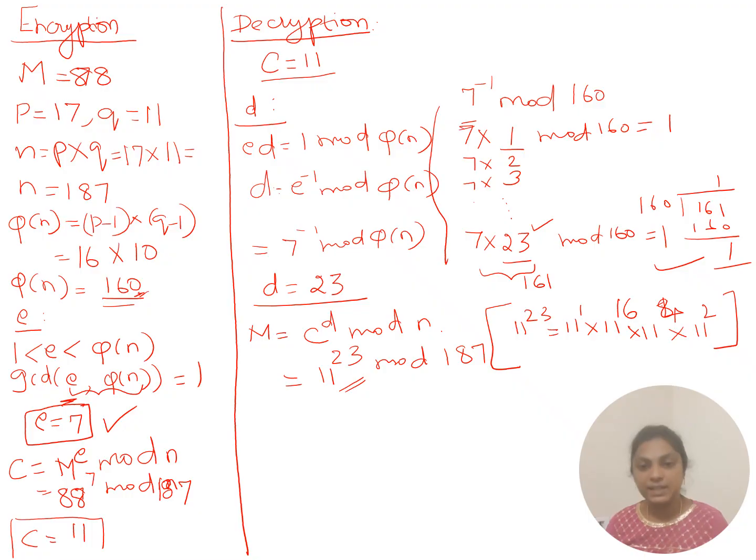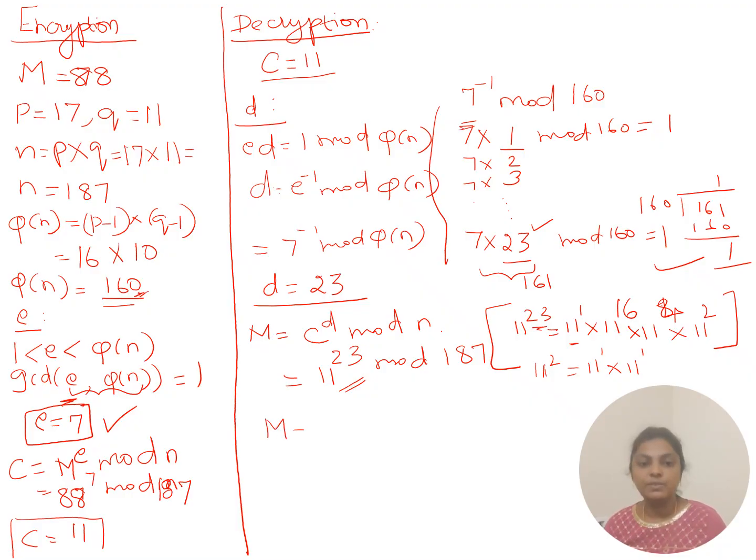When you split up the power and do it in this way, it'll be easy for us to calculate it, because the first step you will be finding out 11 to the power 1, and then how to find 11 to the power 2? It is 11 power 1 into 11 power 1 itself. So likewise, we have to split the power and calculate the values.